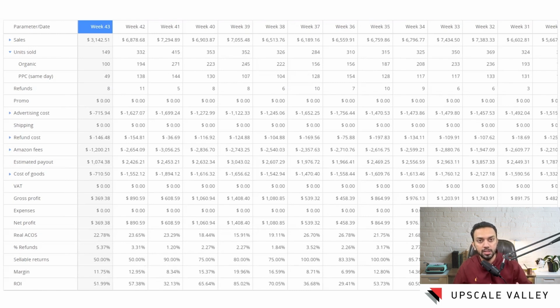So in addition to this, say, the Sellerboard parameters, we need to check the sessions on a weekly basis. Sessions are basically how many people are visiting your product detail page, and we need to make sure that those numbers are maintained. Those numbers are, from another angle, a depiction of the sustenance of your organic ranks.